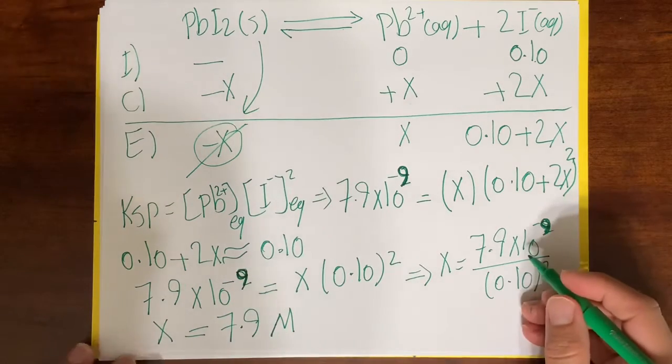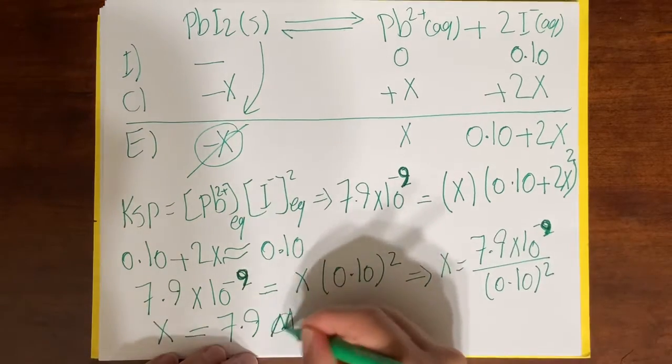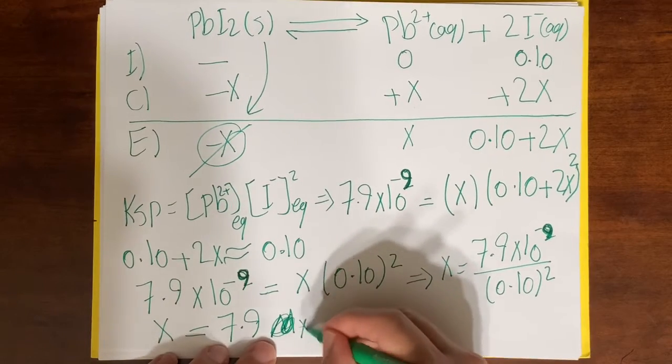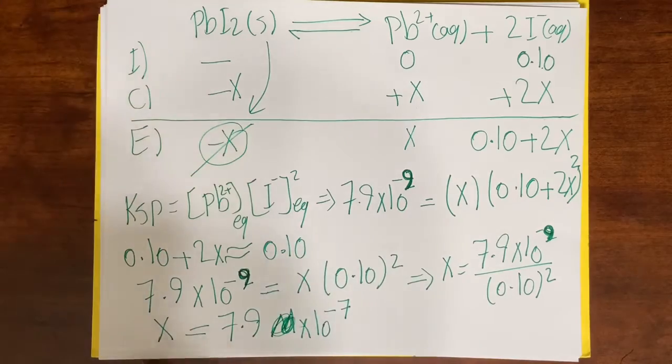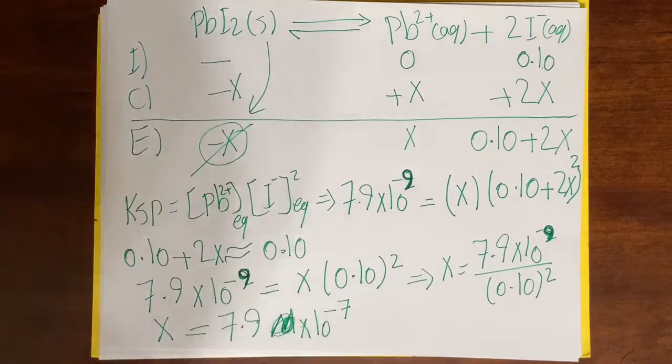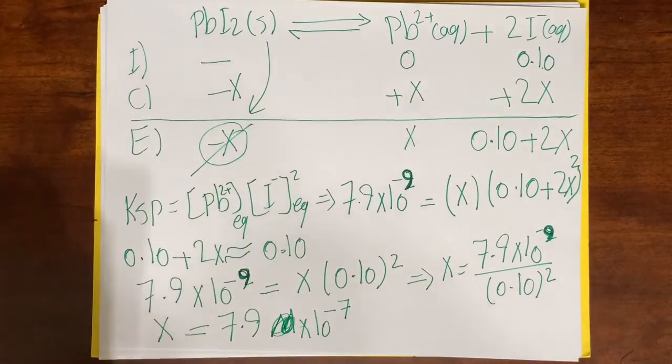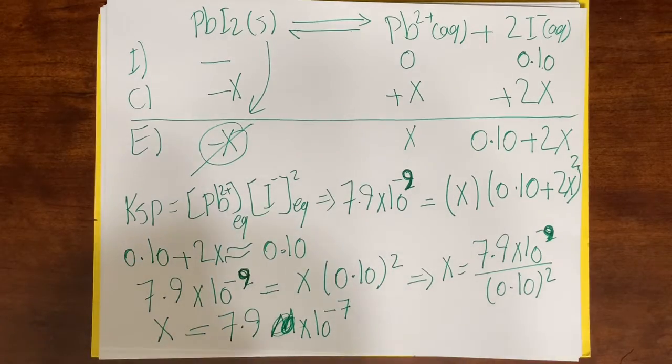It's 9, so it's 7.9 times 10 to the power of minus 7. So that's the X.